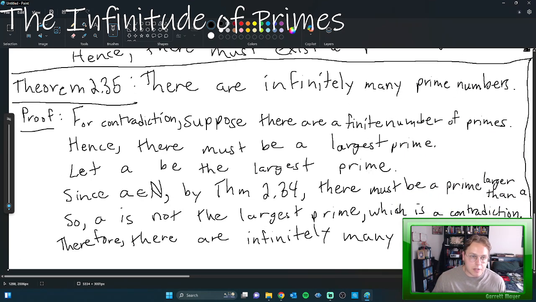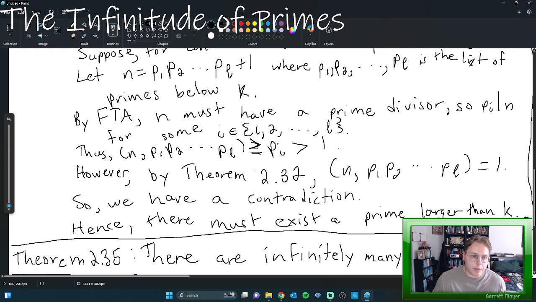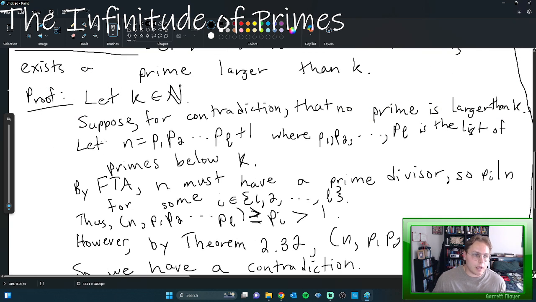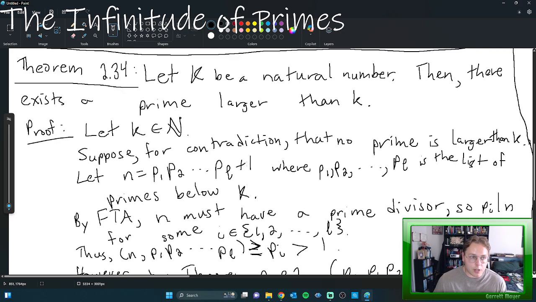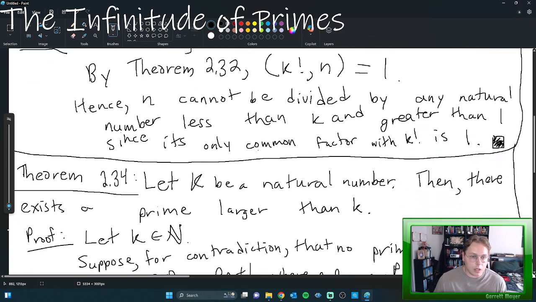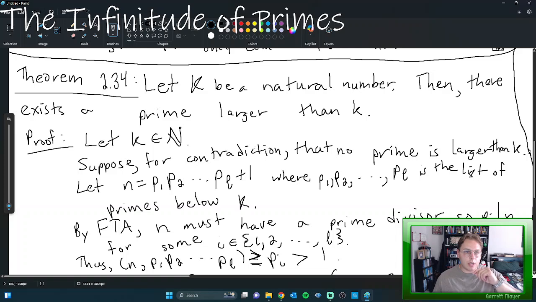There always must be some new prime number, and that prime number would be something that's contained in the prime factorization of n, where n is this product of primes plus 1, because those product of primes could not be in n's prime factorization because of this plus 1, because of theorem 2.32. So seeing this, we see that when we have any finite list of primes, we can always generate a new prime. It always implies the existence of some prime not in that list.